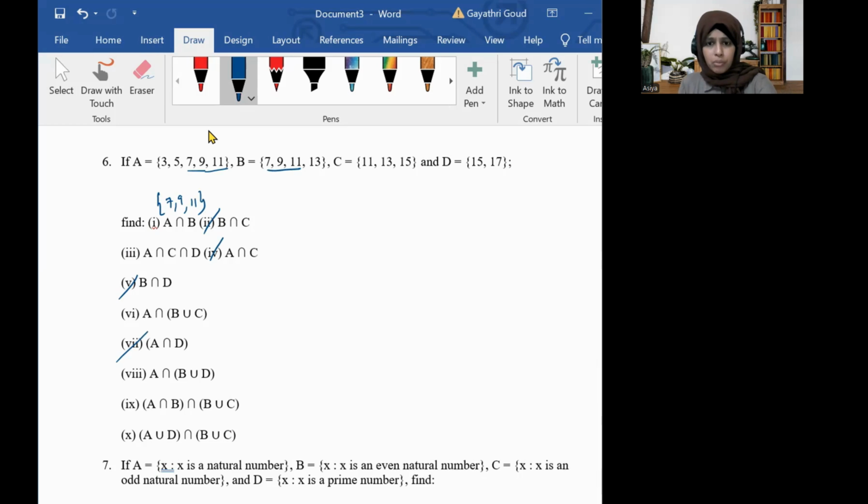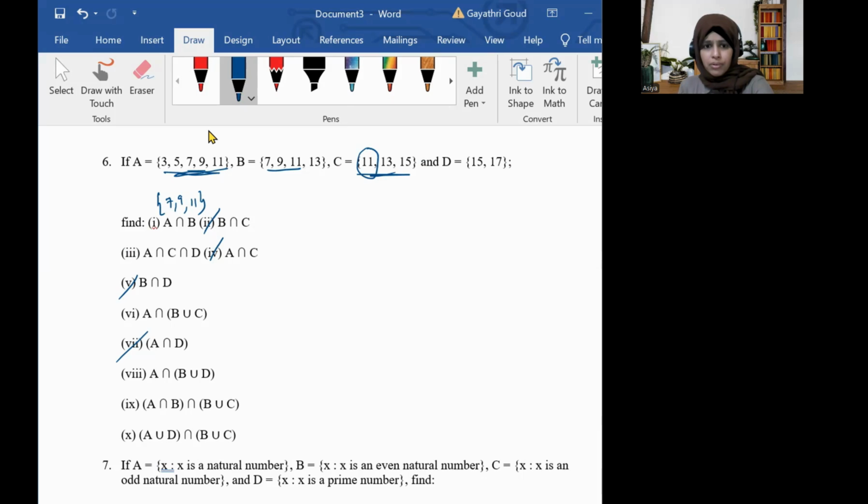Now, moving on to, okay, we'll do the third one. A intersection C intersection D is my third one. A intersection C. What are the elements that are common in A and C? 11. Okay.